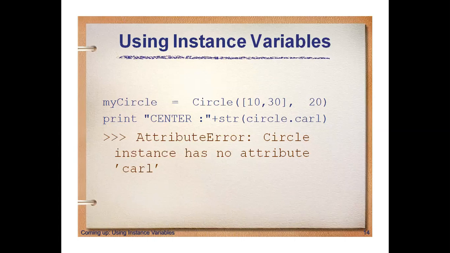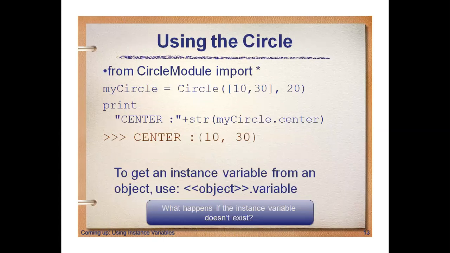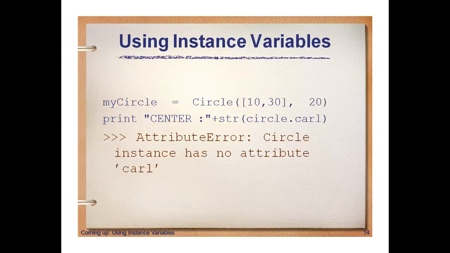So we cannot call it here. If we call it, the system will definitely generate an error. Here myCircle.center is declared, so while calling it, the system won't show any error. But we never defined something known as CARL. It can be anything, but since we have not defined it, the system will show an error.